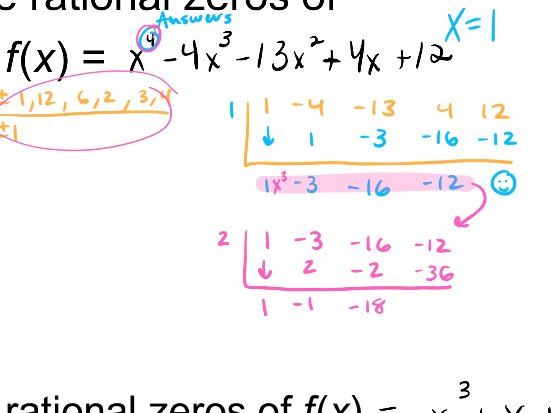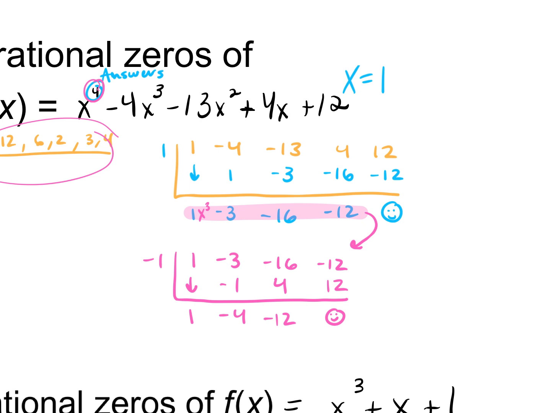Does it work? Nope. As soon as you realize it's not going to work, stop and try something else. Sure, let's try -1. -1, -4. Multiply would be 4, add -12, multiply +12, add 0. Does it work? Yay, let's add it to our list. -1.